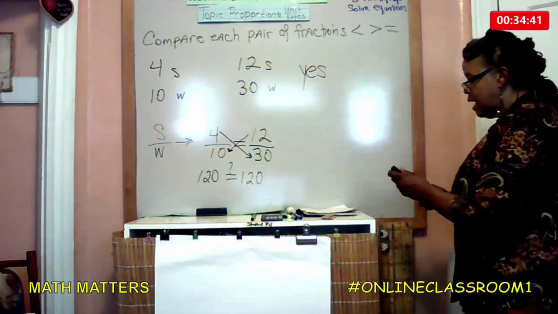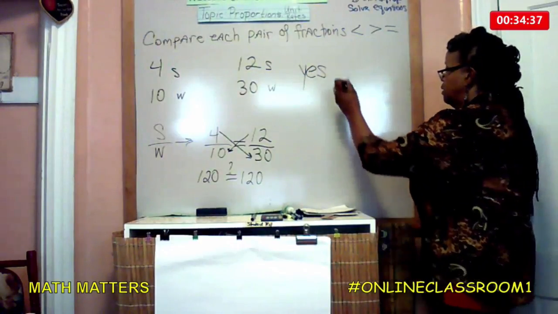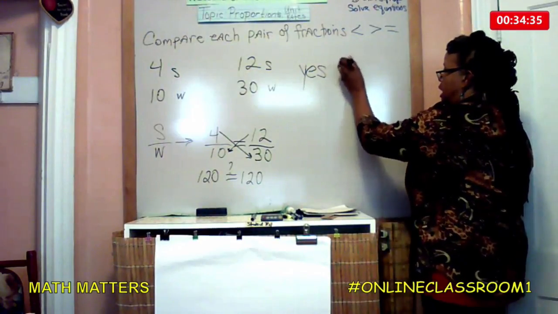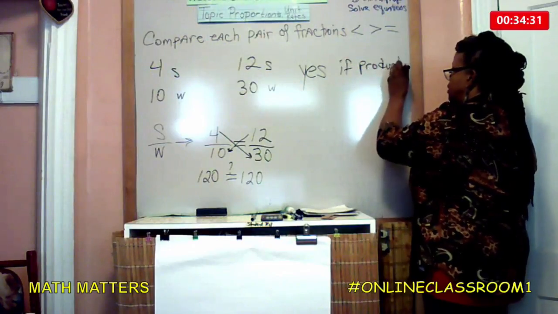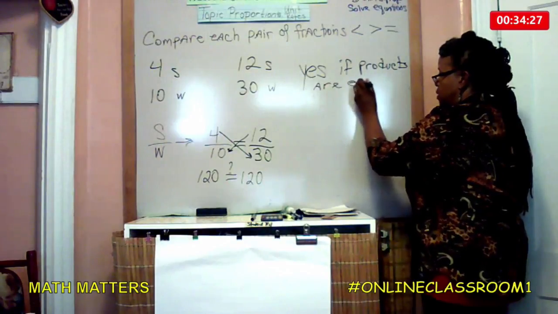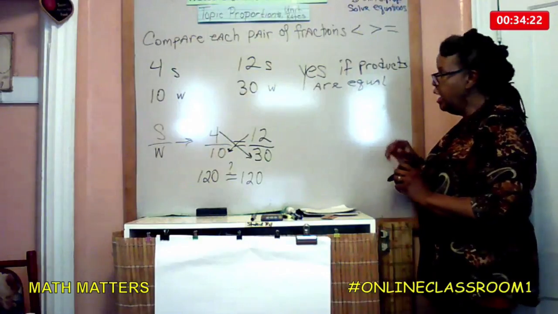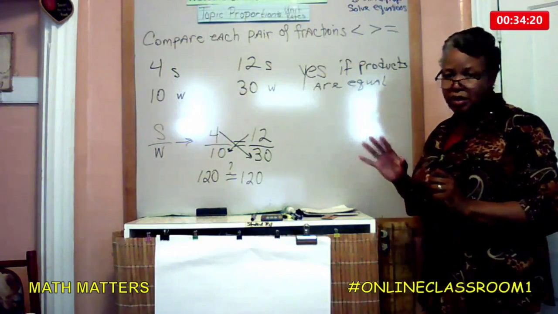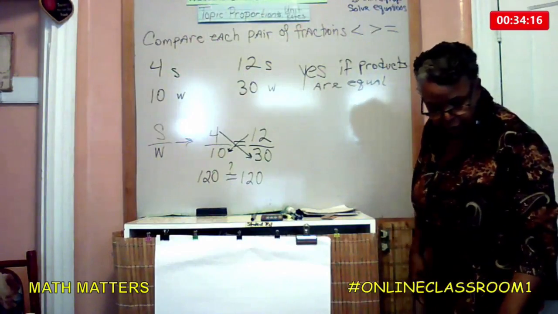So we want to write yes if the products are equal. Then we have a proportion. If the products are not equal, then the answer is no. So let's do some comparing.